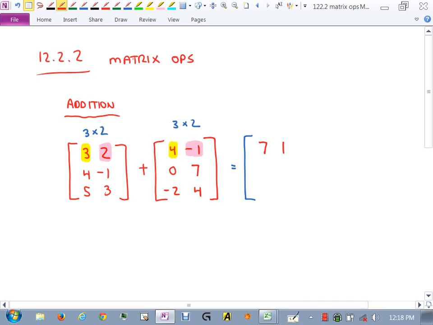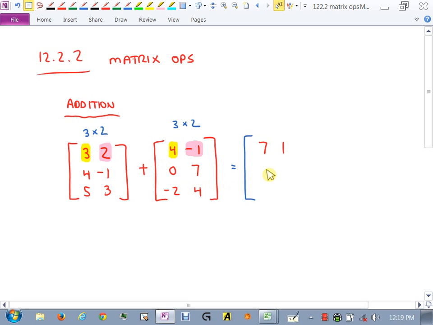Right? And just add through? Yes? Understand? Since these are the same rows and columns, I can add them. I just do top left added to top left here, top right added to top right here. And you can also use your calculator to do it.